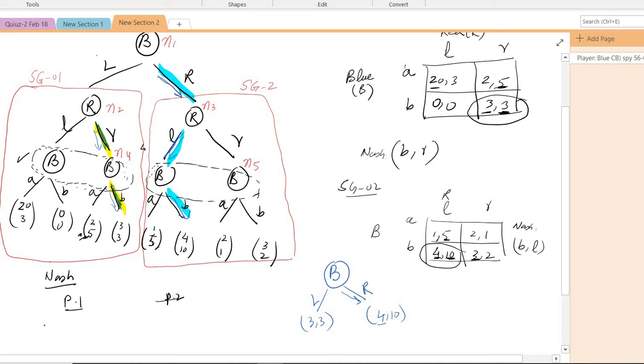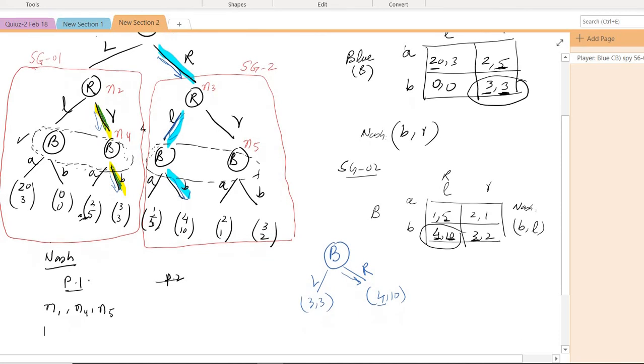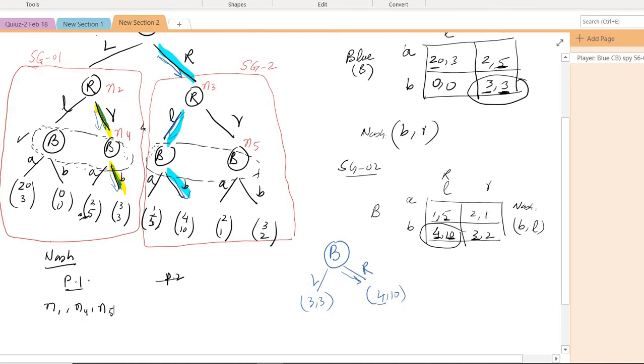So basically I have to report कि node 1 पे जब वो है तो what he is deciding for, node 4 पे जब वो है तो what is deciding for, and node 5 पे जब वो है तो what is deciding for. If I'm able to answer all these questions, so basically I'll be writing the Nash strategy profile for player number 1, ये blue player है, ठीक है, player number 1 is a blue player and player number 2 is a red player.